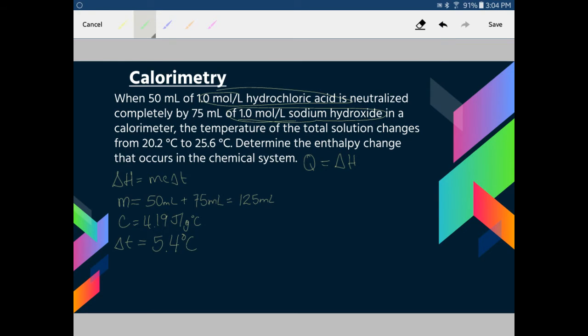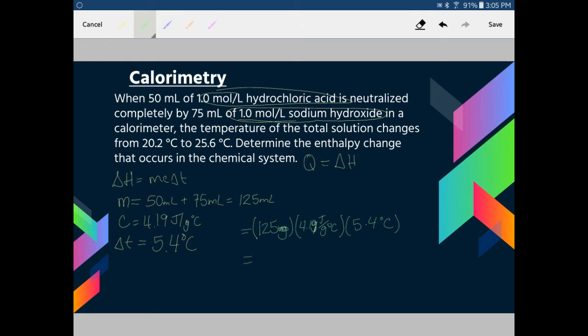When we go to plug this into our formula, we have 125 mils, or grams, we'll put it in grams for unit cancellation sake, times 4.19 times 5.4 degrees Celsius.